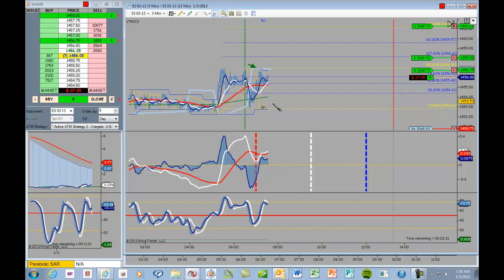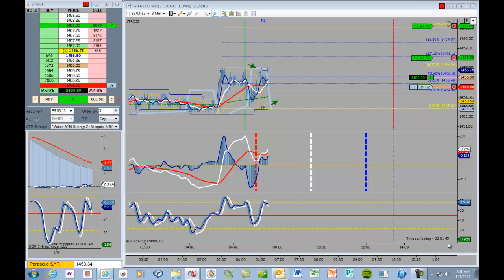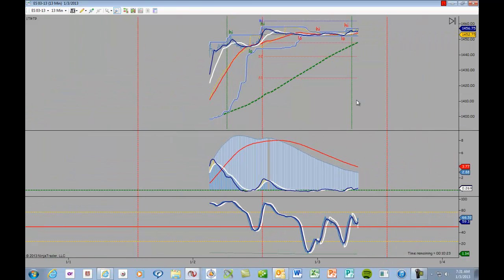Go ahead, put on the arrow here. Okay, well, that didn't take long. We've hit the first target, moved the stop, and we've also flipped the large parabolic. So that now confirms that our first turning point of the day is a low, and that's in keeping with what we have going on over here.